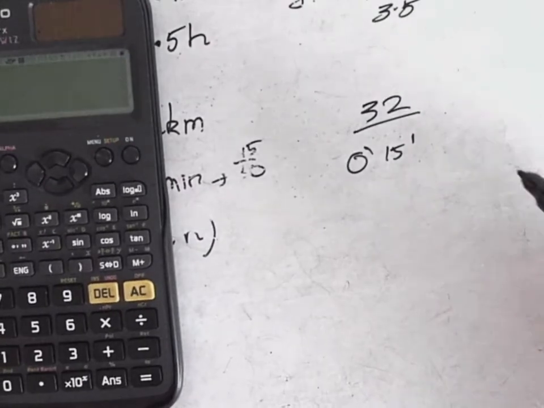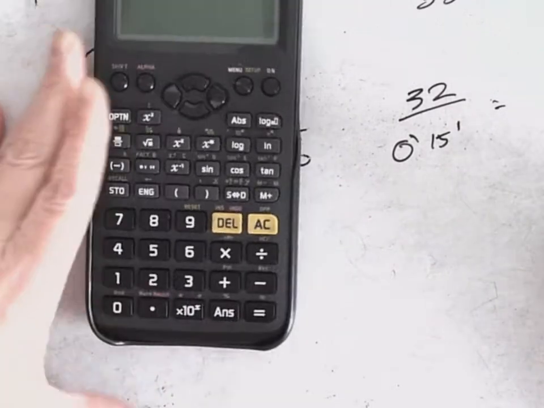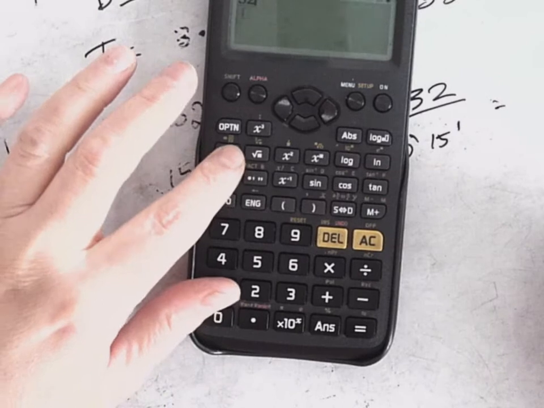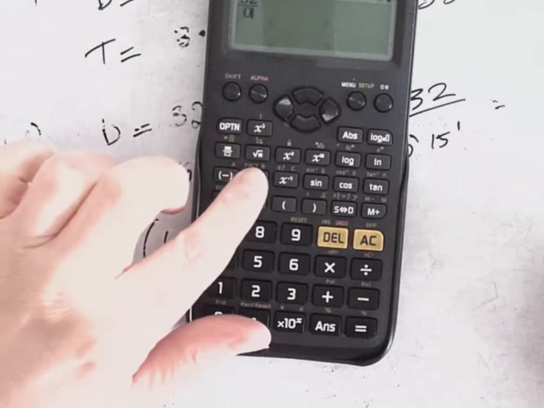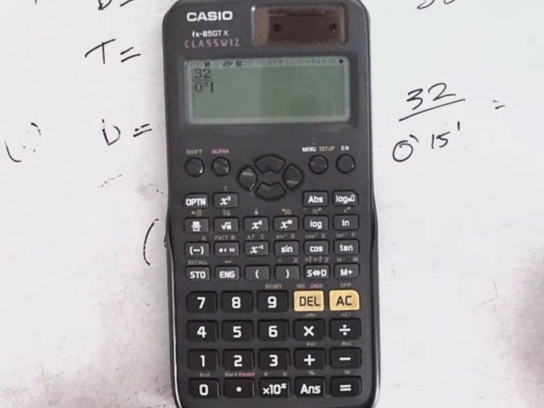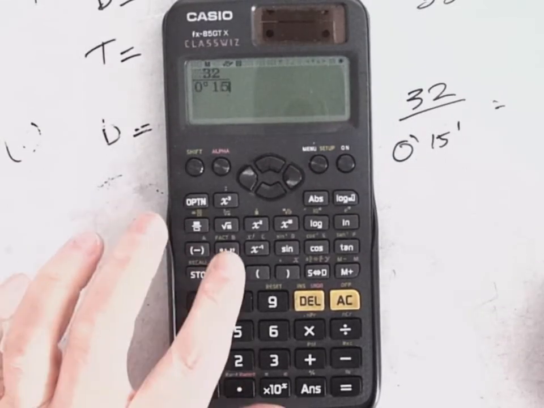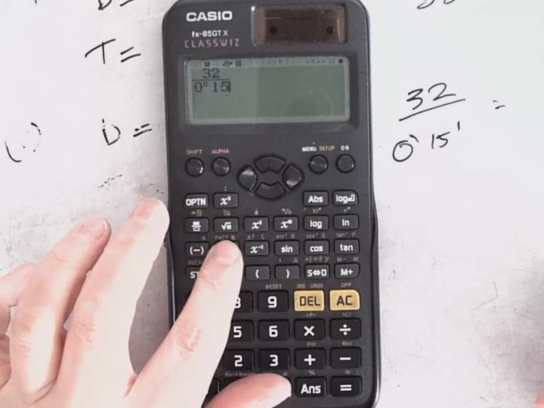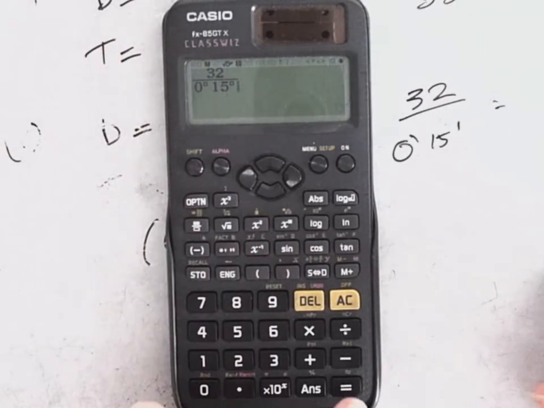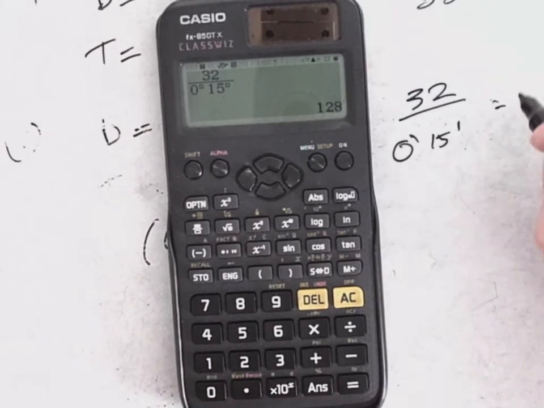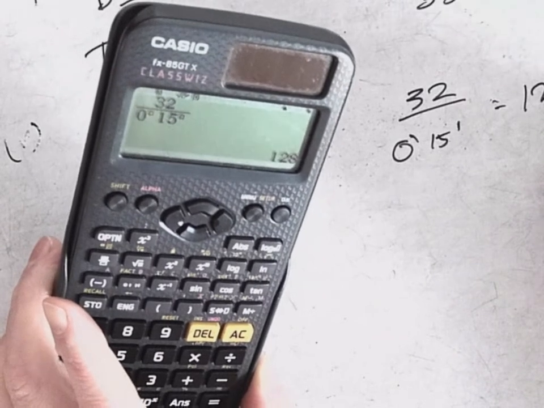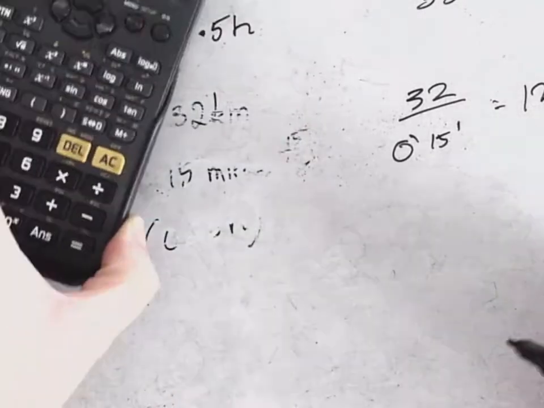To do that, you do 32, fraction button, and then 0, and press that button with all the inverted commas, and then press 15, and you must press that button again to log it in as minutes. See how 0 hours and 15 minutes comes up, and then you press equals, and you get 128 kilometres per hour.